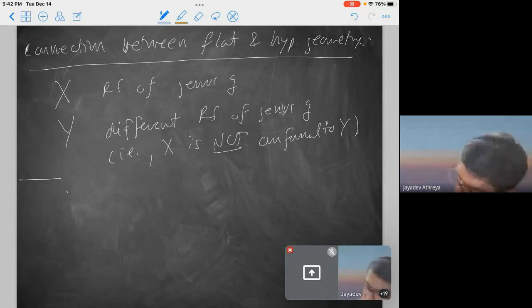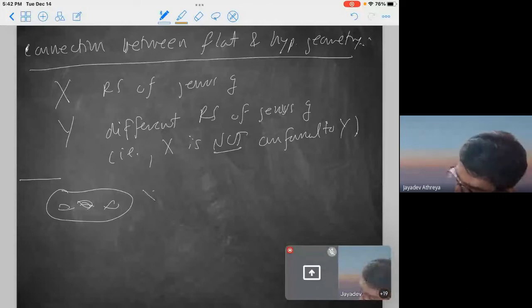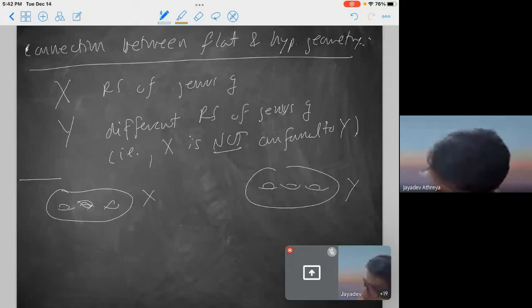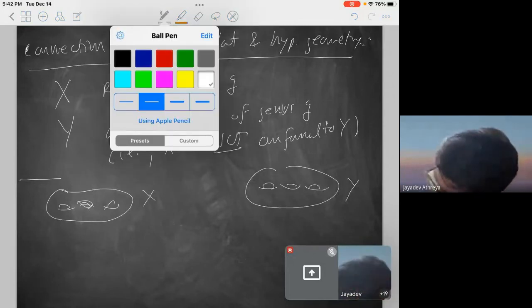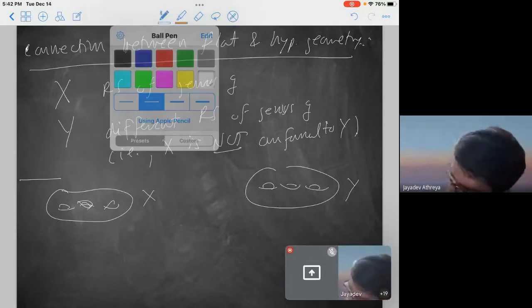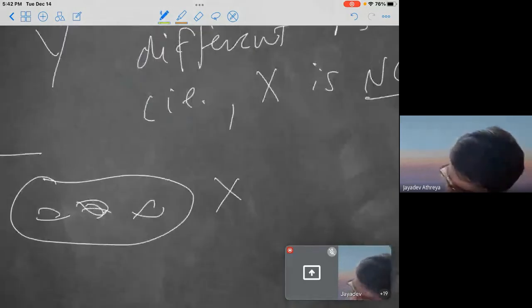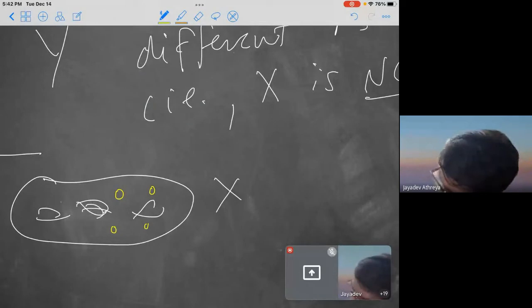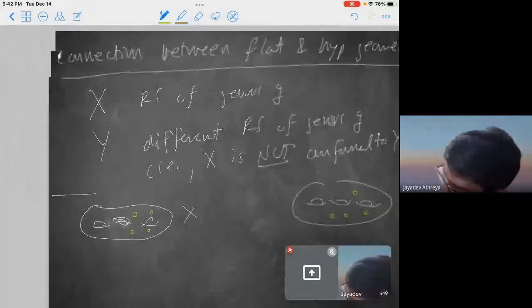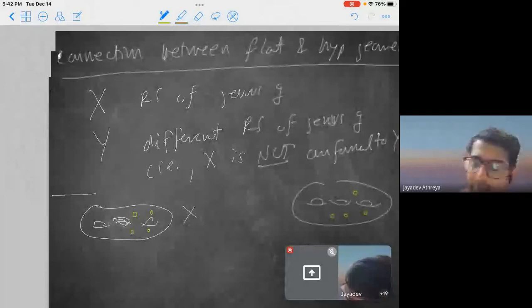So maybe here is X, it has some complex structure on it. Here is Y, I've drawn some genus 3 picture. And there's no map, for instance, that takes little infinitesimal circles here to little infinitesimal circles here. I can't do that. There is no such map.